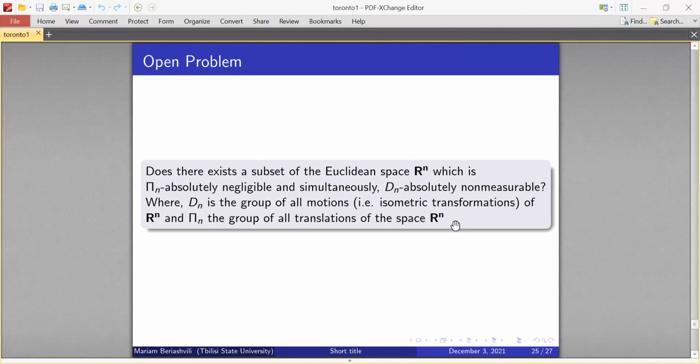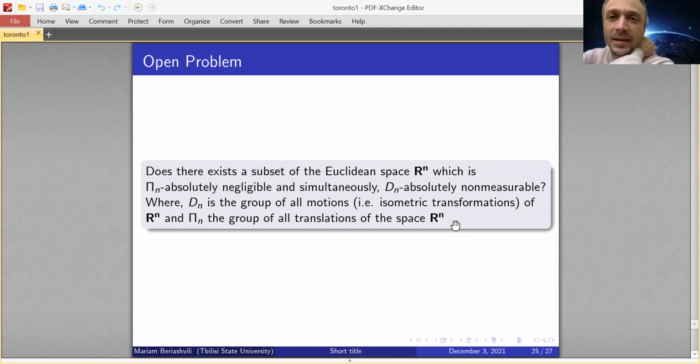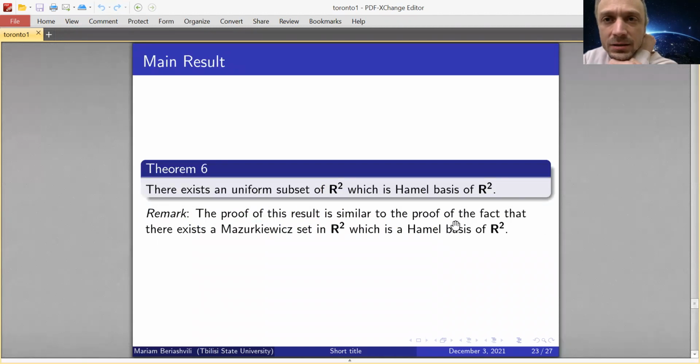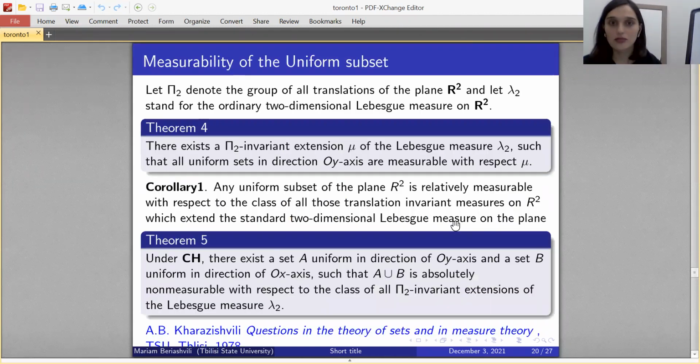Okay, maybe there's no simple answer. Well, for one thing, you have the Banach-Tarski paradox in 3 dimensions, right? I have no idea if this is related to it. Is Pn just the group of all translations?